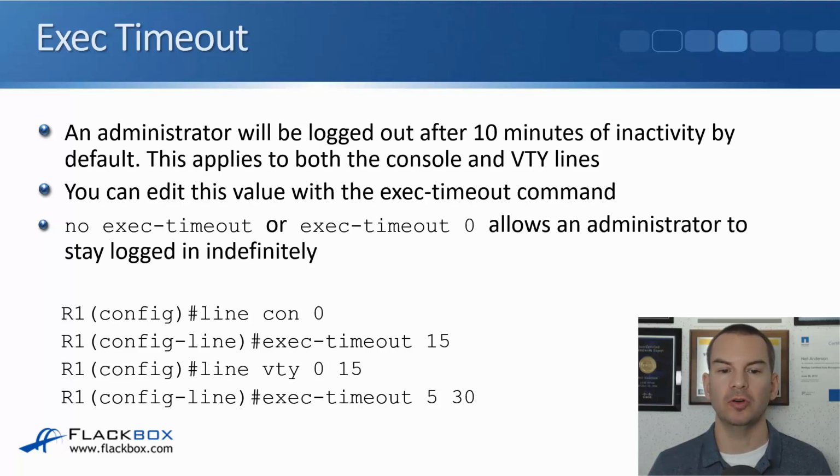For the console, we've got line console 0, exec timeout 15, which means we'll be logged out after 15 minutes of inactivity. And then we say line vty 0 15 for our Telnet lines, exec timeout 5 30. If you put in two numbers here, the first one is a value in minutes, the second one is a value in seconds. So there we would be logged out after 5 minutes and 30 seconds of inactivity.